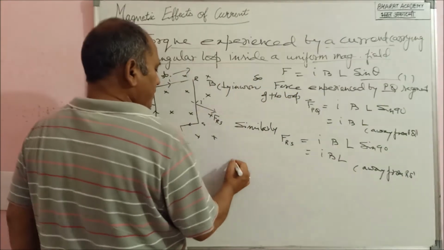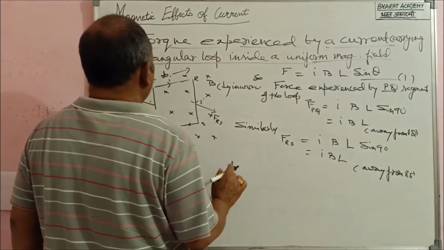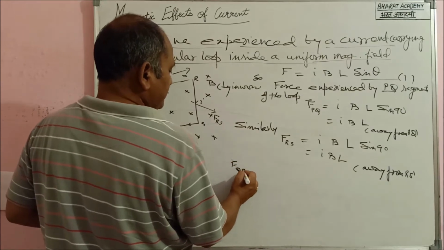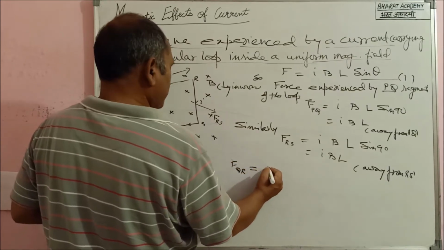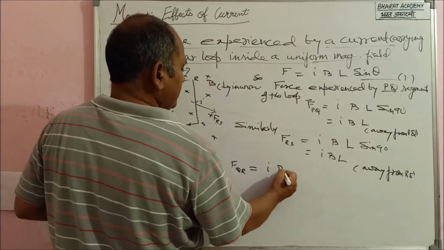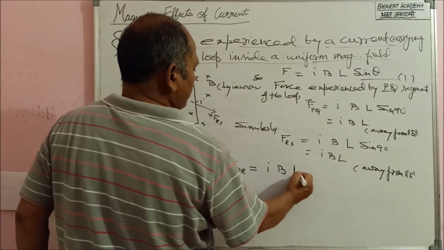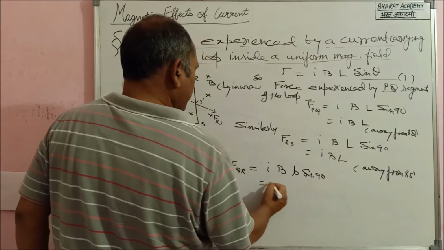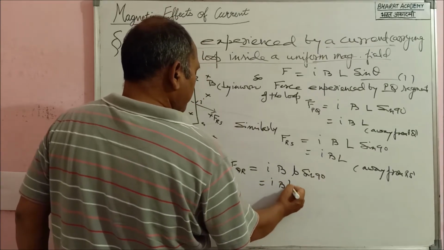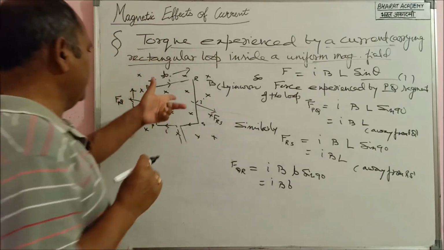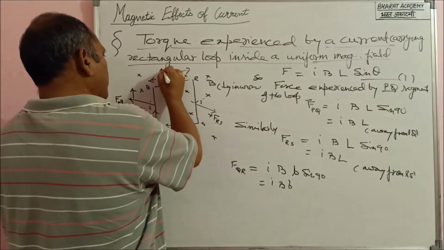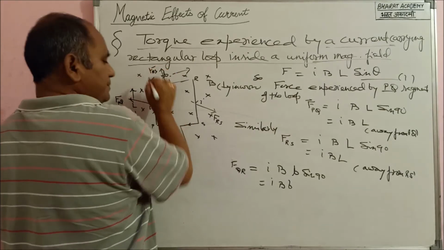What about FQR? FQR will be I, B, length is now B, sin 90. It is I B B, like this. Direction will be in the upward direction, like this.